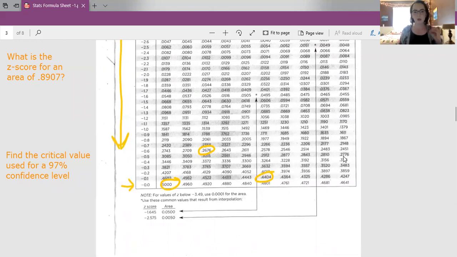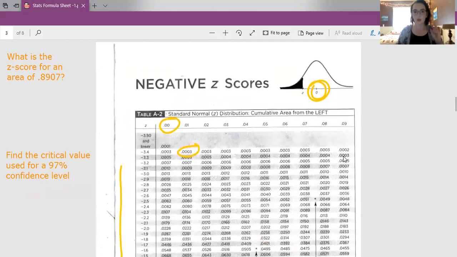Now, why am I going through all of this? This is important to note for two different reasons. First off, when we get into critical values, as you can see in the second question in orange, critical values and significance levels are going to be dealing with small areas.